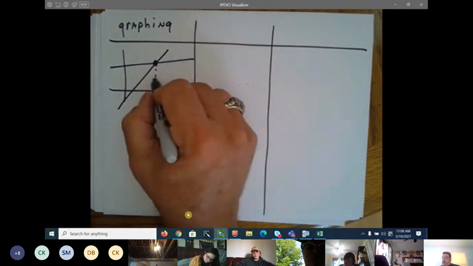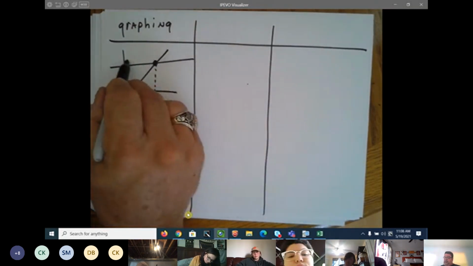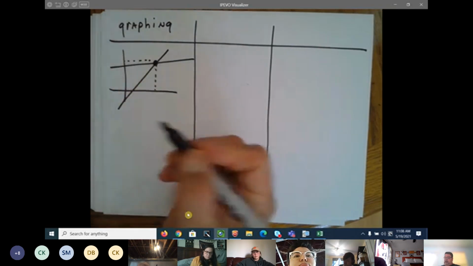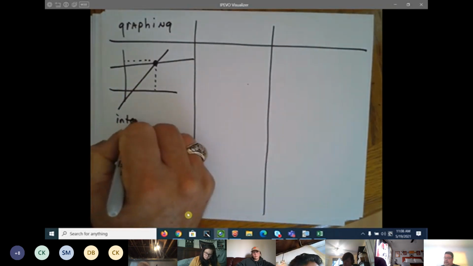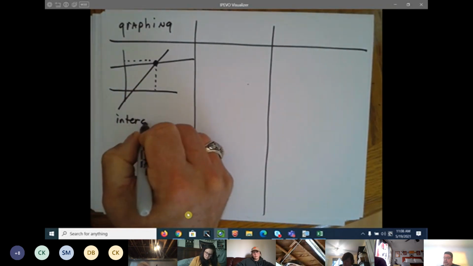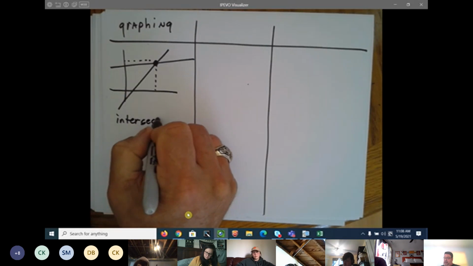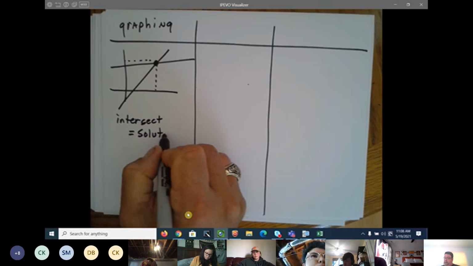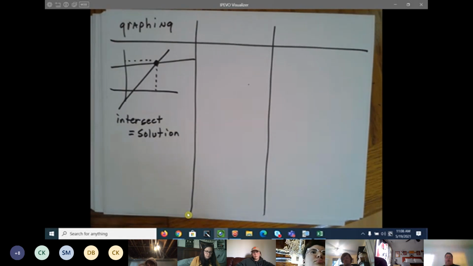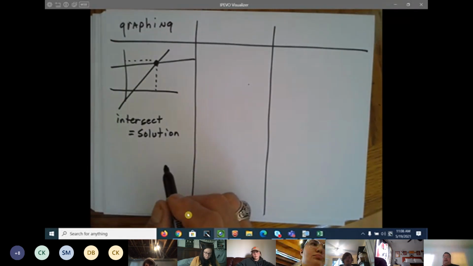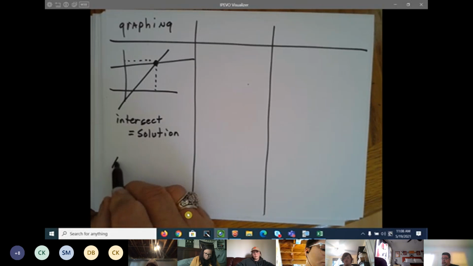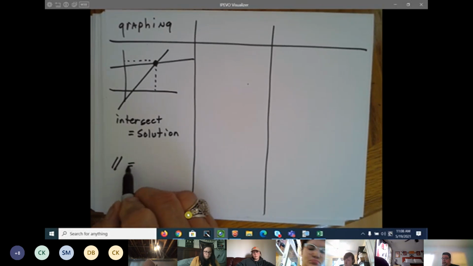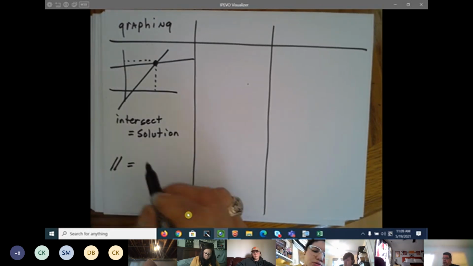So if you are solving a system of equations and the lines intersect, that means you have a solution. What if the 2 lines are parallel? You would have no solution. Good job.